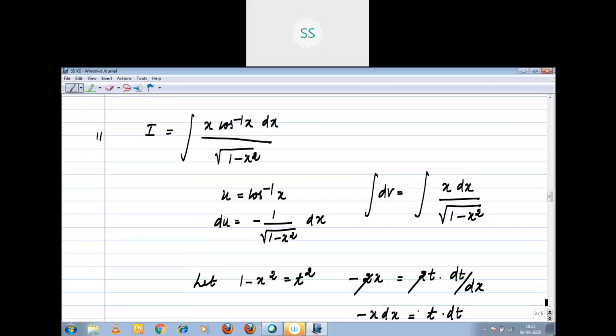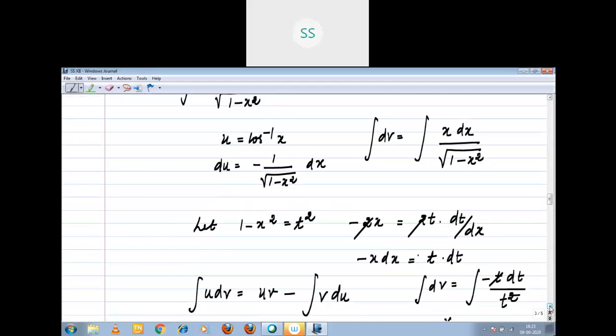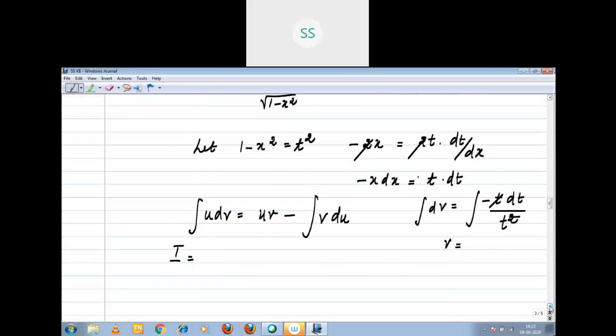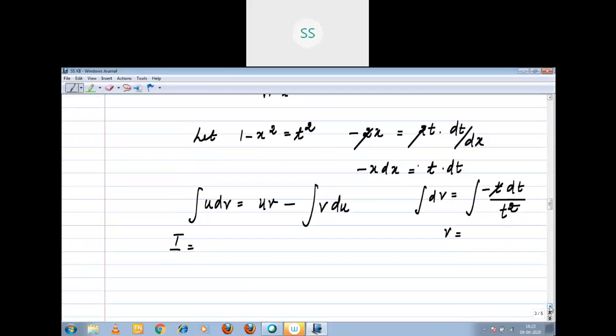No, sorry, children, 1 minus x square as t square. So here I committed a mistake.